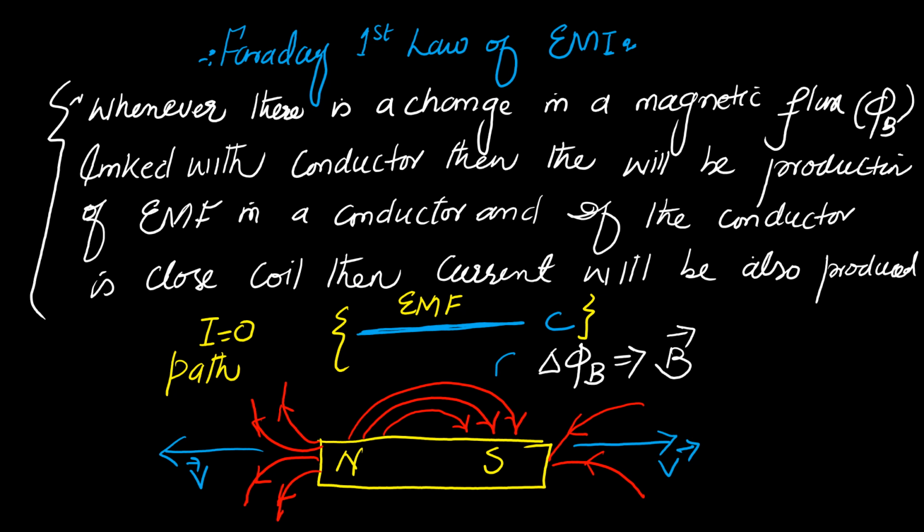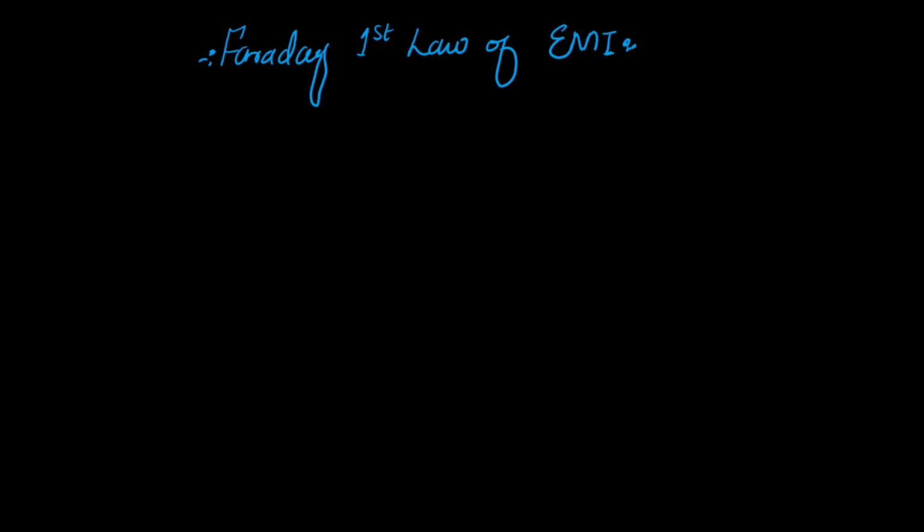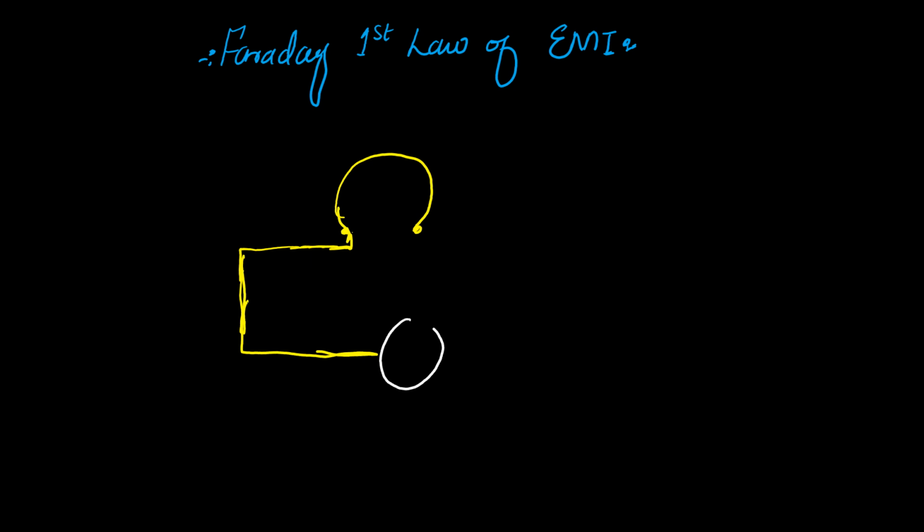So in order to get an induced current in a wire, we need a closed circuit. Suppose that we have a closed loop coil. Suppose this is a schematic representation of a closed loop coil. This coil is connected with an electrical contact to a device which is very sensitive to electric current, known as a galvanometer.